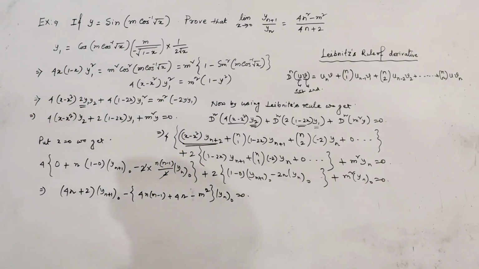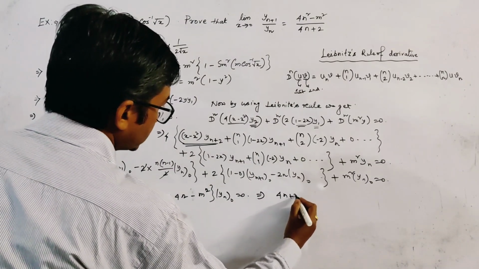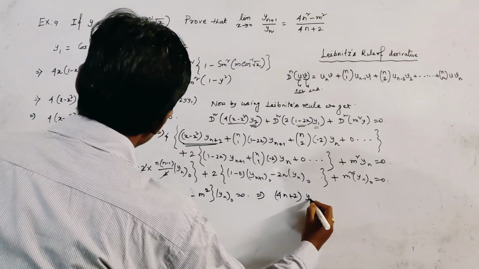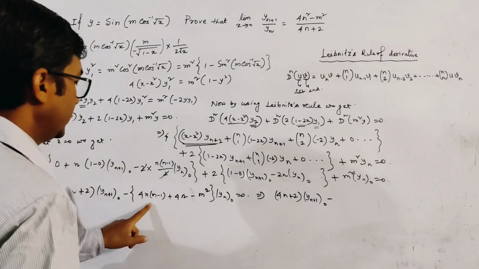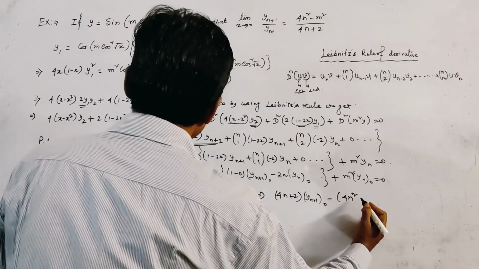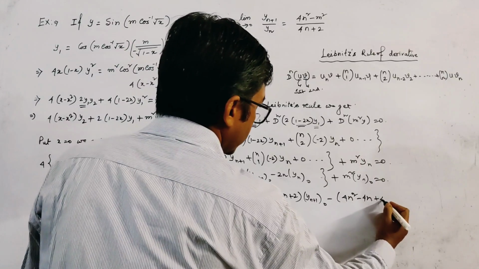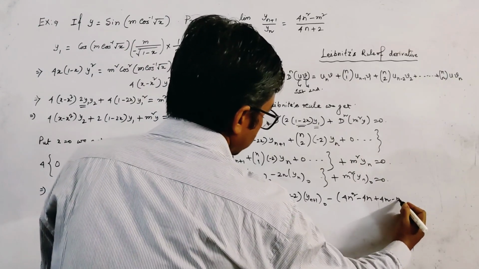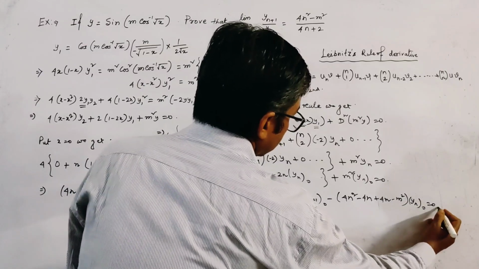So the result gives (4n + 2) y_{n+1}(0) − (4n² − 4n + 4n − m²) y_n(0) = 0.